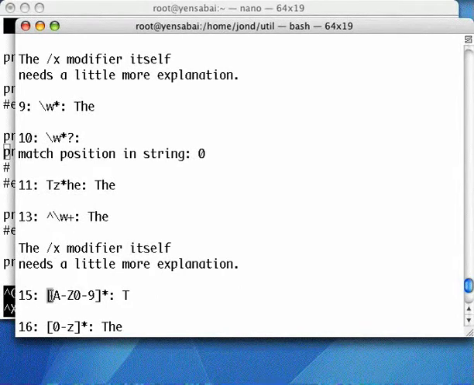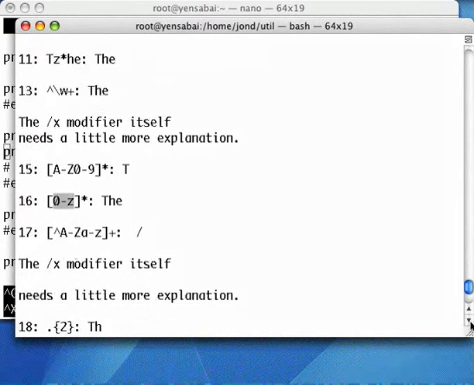This one is looking for capital letters, A through Z, or numbers, 0 or more, so we're only getting the T since that's the only capital letter in a row here. This one is all the numbers through all the capital letters and the lowercase letters, since in the ASCII characters the numbers are first, followed by uppercase letters and then lowercase letters. So we're getting THE.